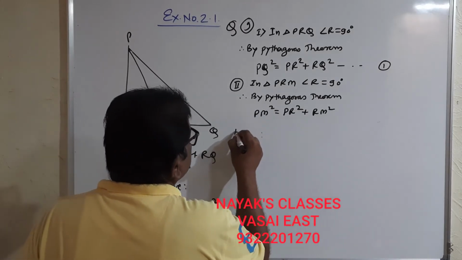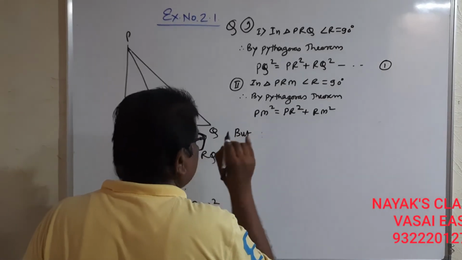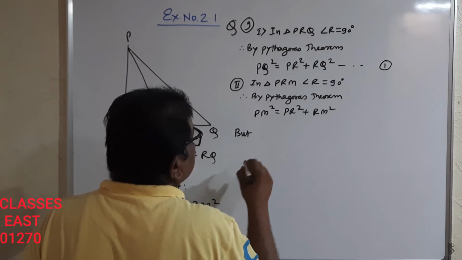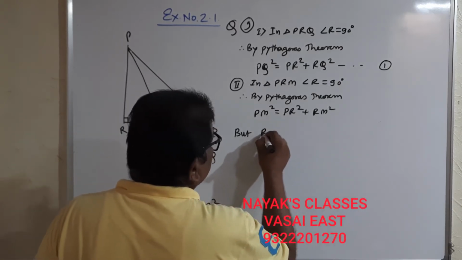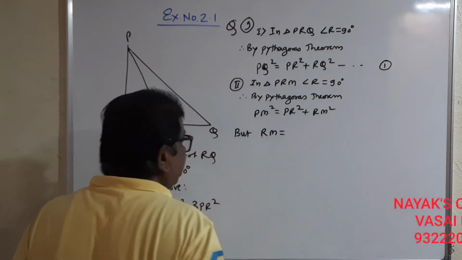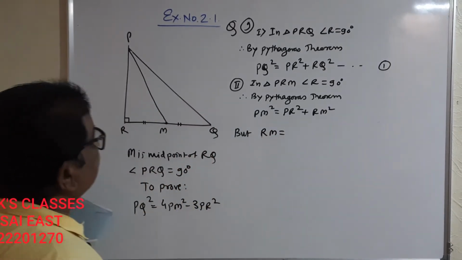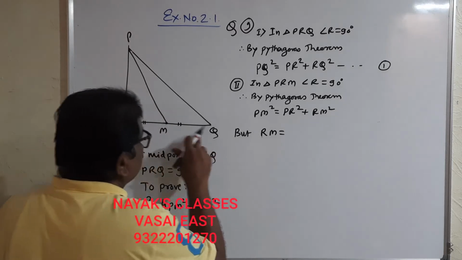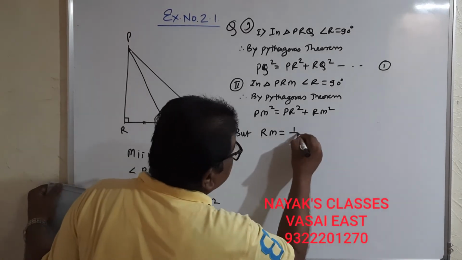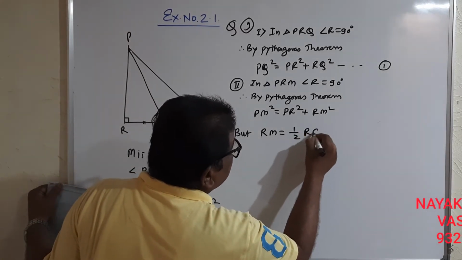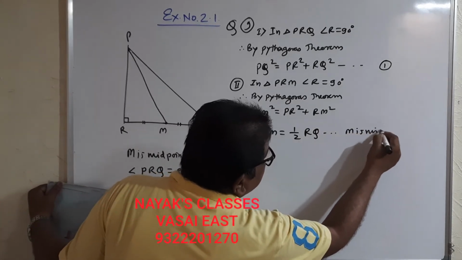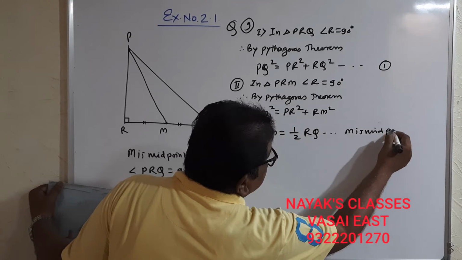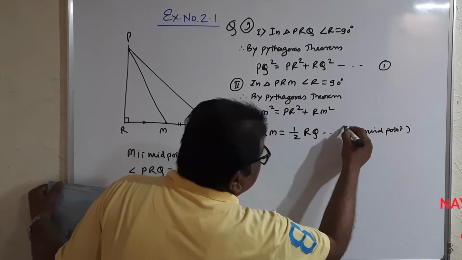But you can take it as a third part, this RM is equal to half of RQ. The reason is M is midpoint.